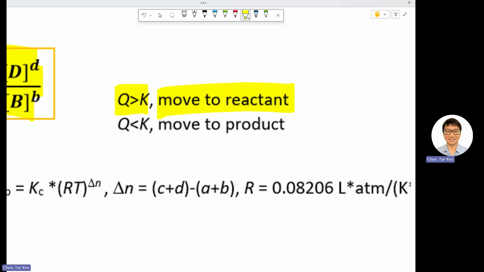If your Q is really big, you have too much product, move to the reactant side so that Q can become K. Okay, the ultimate goal of equilibrium is actually that Q needs to become K at the end of the day. On the other hand, if your Q is smaller than K, meaning I don't have enough product, I need to produce more, therefore I move to the product side. Okay, so I hope this is straightforward for you.